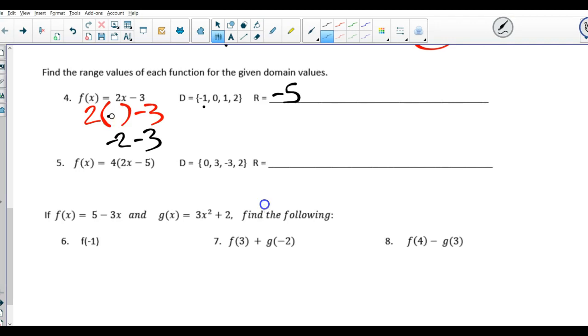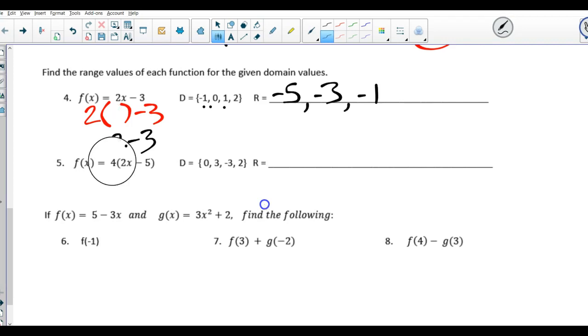I would then go back and plug in the 0. 2 times 0 minus 3 is 0 minus 3, which is -3. Then plug in 1. 2 times 1 is 2, minus 3 is -1.